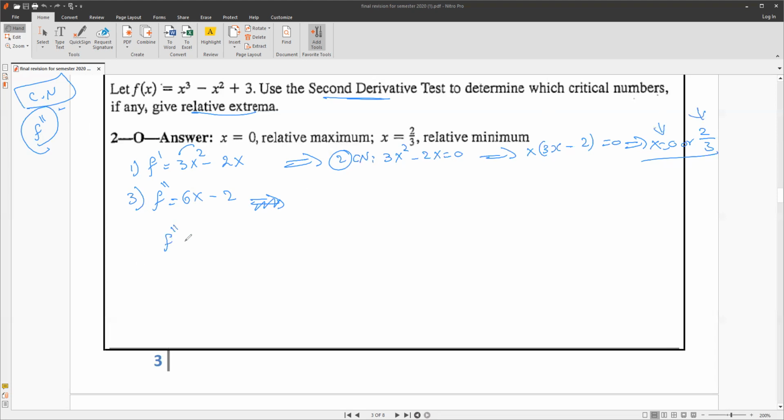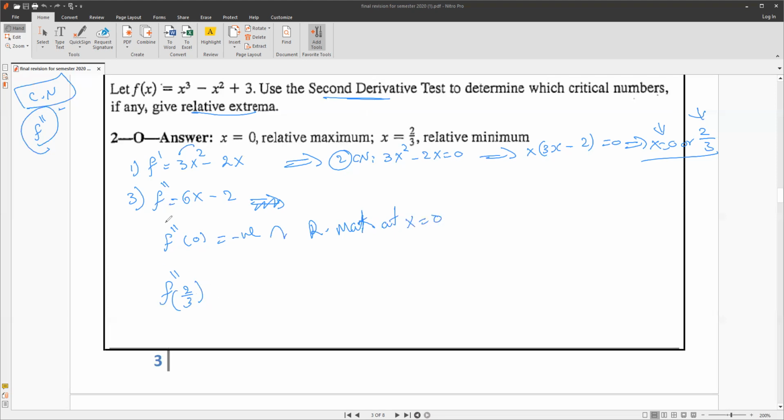Substitute the critical number in the second derivative. Replace by 0 in the second derivative, it will be negative. So the curve of the function is concave downward, we have a relative maximum at x equals 0.